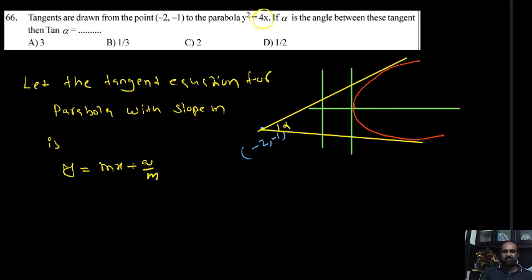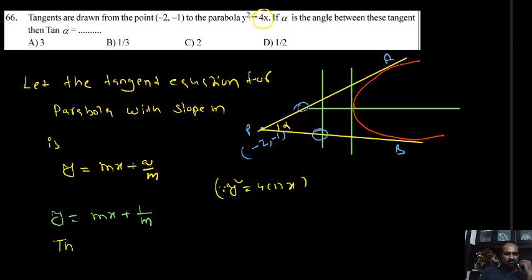But in this problem, a is 1, because y square equal to 4 into 1 into x. So directly I can write y is equal to mx plus 1 by m.